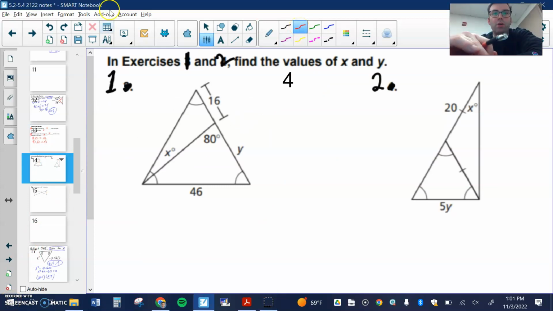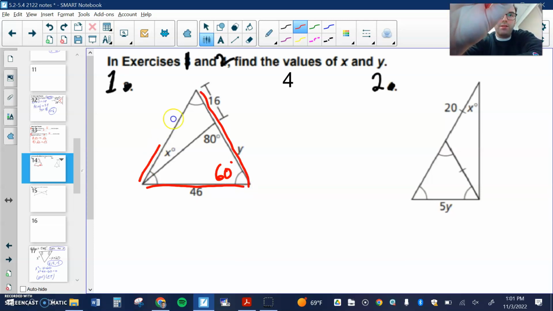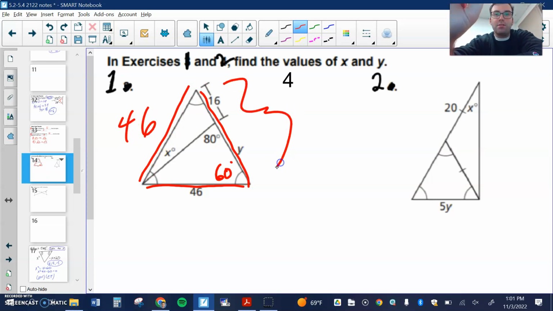If you look at number 1, I noticed that all 3 of these angles in my triangle are congruent, which means I have an equiangular triangle, or equilateral triangle. So if this side is 46, then this whole side is also 46, and this whole side is also 46.